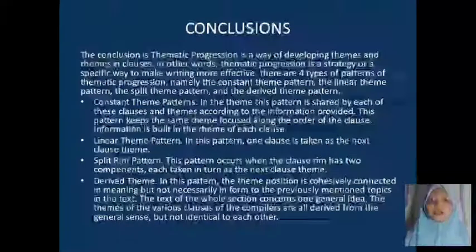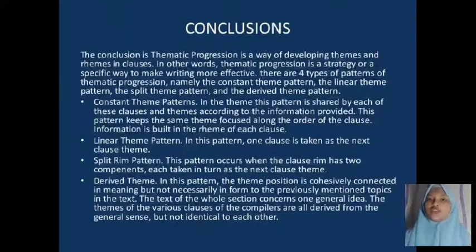Alright, I will conclude all of the materials. The conclusion is that thematic progression is a way of developing themes and rhemes in clauses. In other words, thematic progression is a strategy or a specific way to make writing more effective. There are four types of patterns of thematic progression, namely the constant theme pattern, the linear theme pattern, the split rheme pattern, and the derived theme pattern.